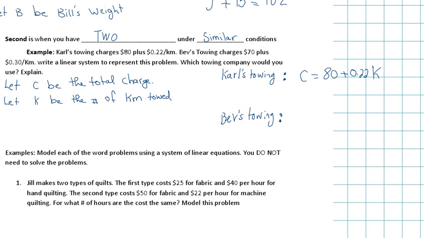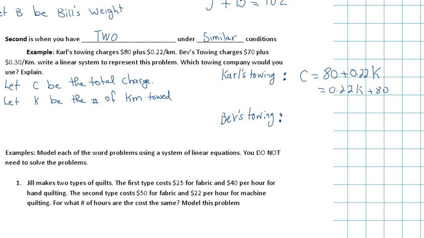How many of you understand that part? It doesn't matter. If you write it this way, it's exactly the same thing. So, Carl's is going to charge the $80 no matter what.